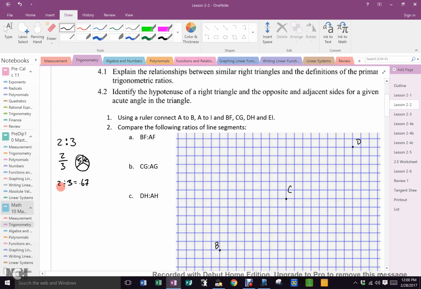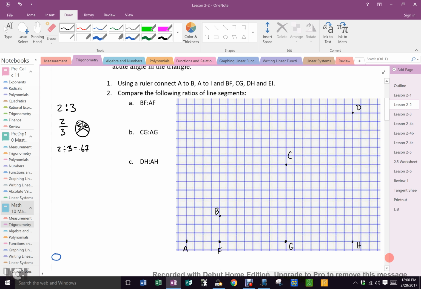Okay. So what I would like for you guys to do now is, you don't need a ruler, just connect A and F and B and F. Now you guys are smart kids. That made a 90 degree angle, right? It's right on the grid. Now write the comparison.